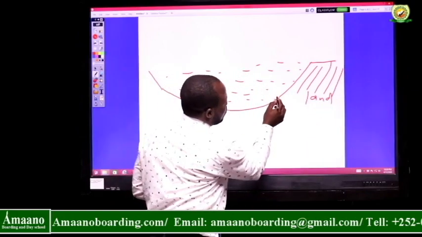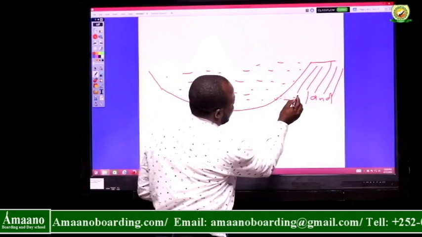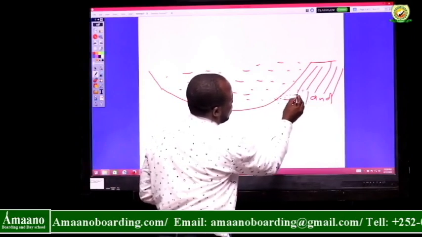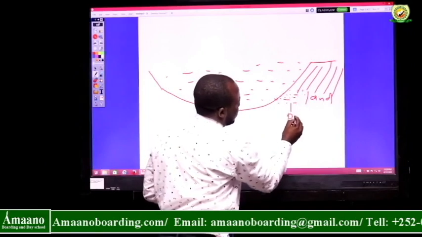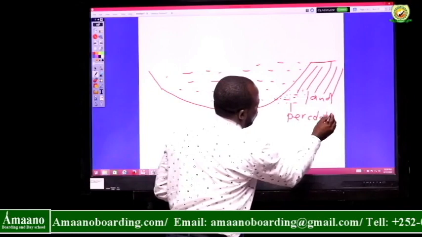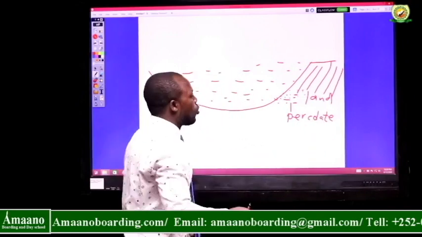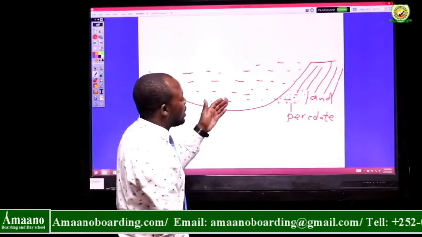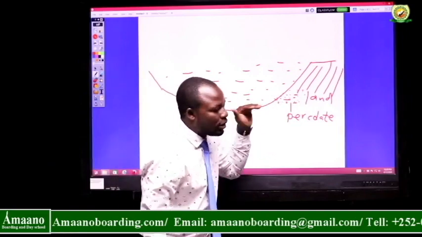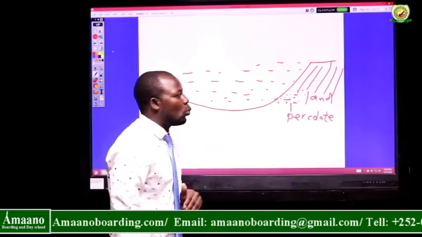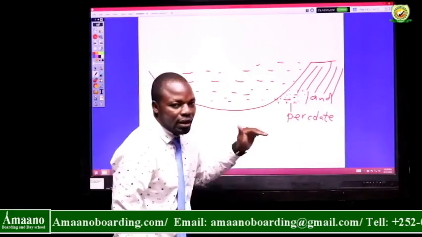To percolate is to move horizontally, diagonally through these holes. This word here is percolate. So the water may percolate, moving horizontally. So as it moves horizontally, it's going to form what you call underground water. So from surface to underground.